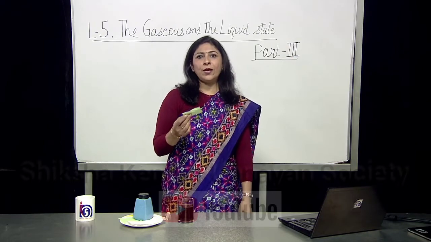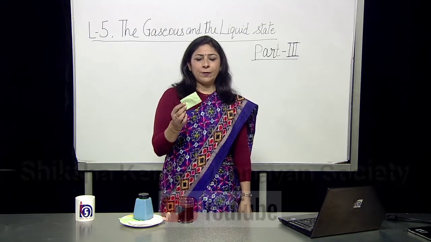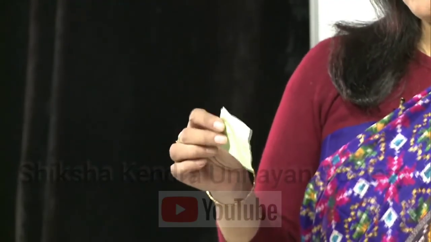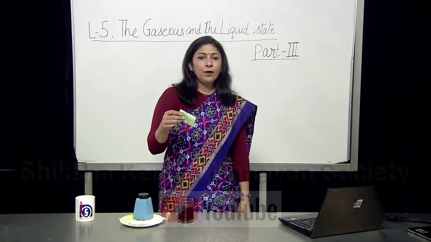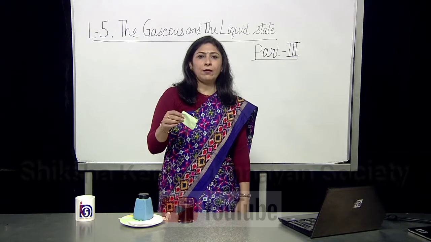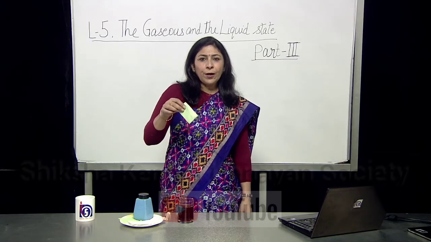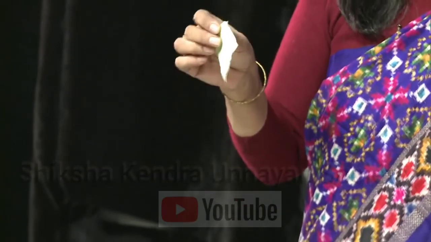So now I will show you the activity. This is a paper, and I am going to put it in the ink. I have taken ink water because you can see it very clearly. I am not going to dip it completely, I will just touch the water.